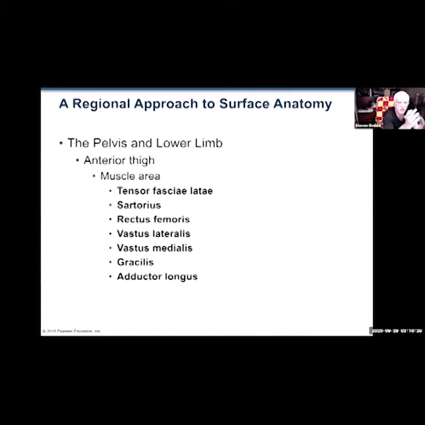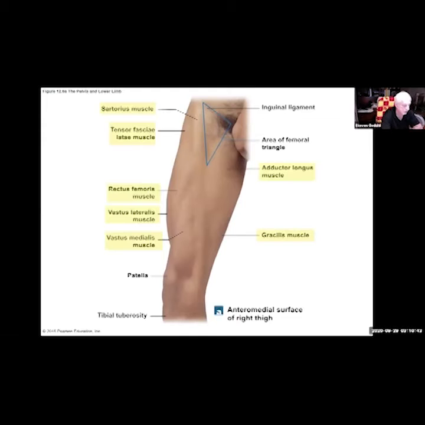Different muscles of the area in the anterior thigh. You have the tensor fasciae latae, sartorius, the rectus femoris, the vastus lateralis, vastus medialis, gracilis, and the adductor longus. Okay, you can see where those are located. Your sartorius muscle. Your tensor fasciae latae muscle on the side of that.